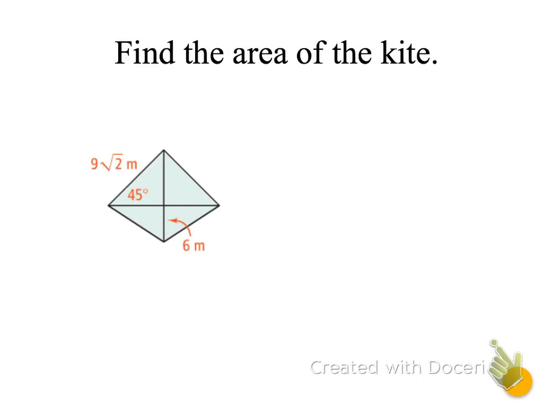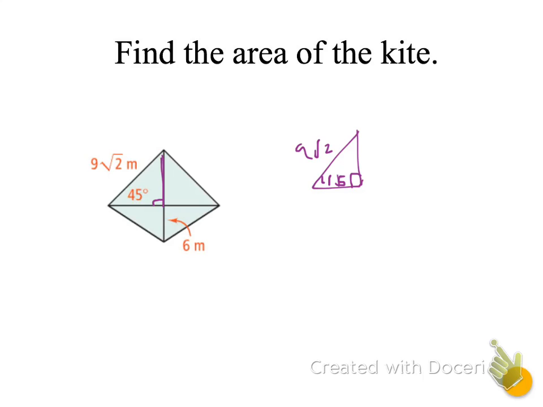Find the area of the kite. Okay, so for this, we know this is a 45, 45, 90, so I need to find certain lengths here. I need to figure out what this length is and what this length is. So to find those, and I need to find this one actually, so to find those, let's break down our triangle. So this is 9 square root of 2, and this is 45 degrees.